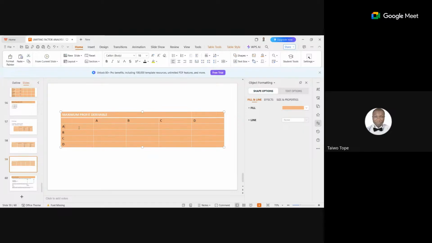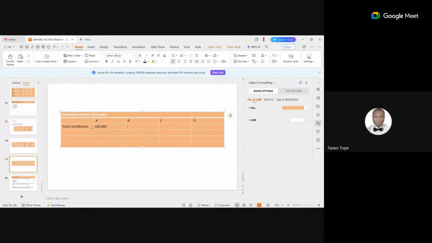Now, to determine the profits, based on the variables we have in the question, it will be what? Contribution minus fixed cost. So total contribution for product A is what? 420.